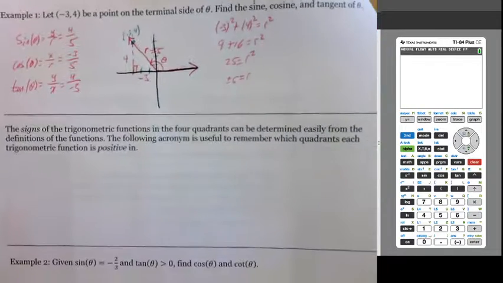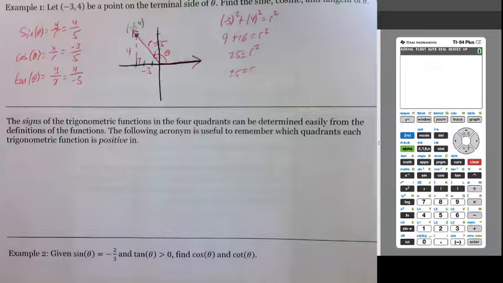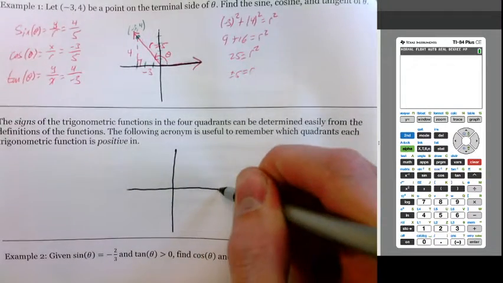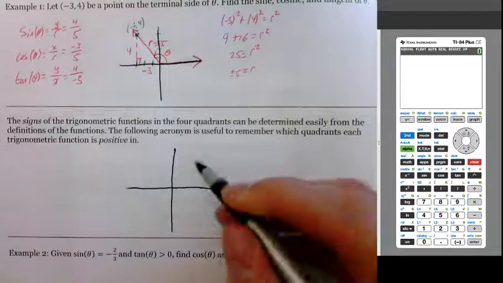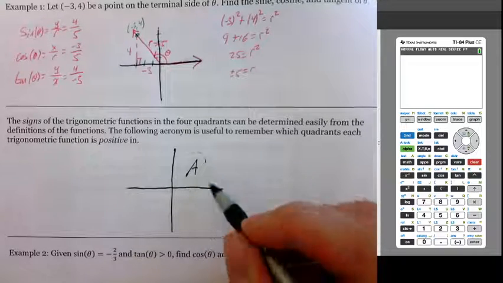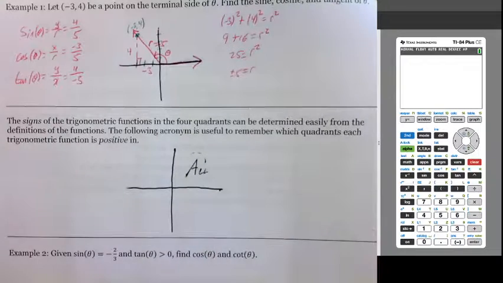If you're not sure which one's going to be negative and which positive, you can just use the two coordinates, 3 and 4, and determine the sign of the answer later. If your point is in the first quadrant, all of the trig functions, sine, cosine, and tangent, are positive.